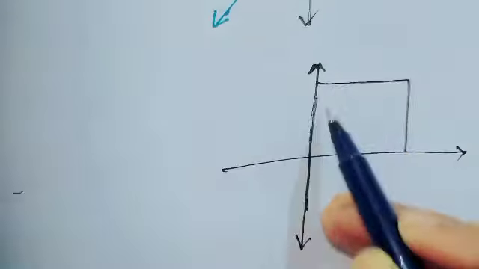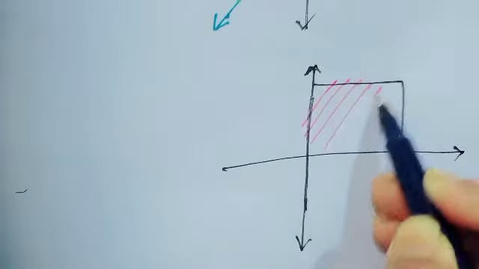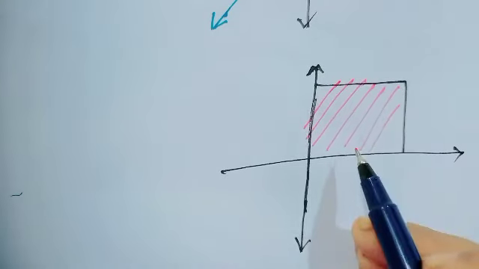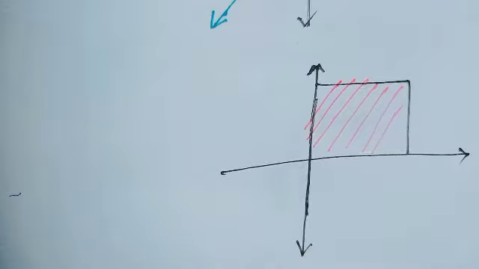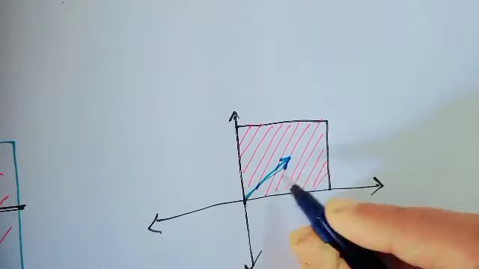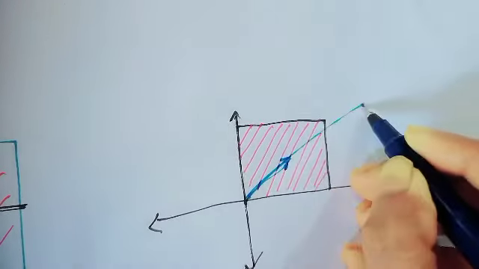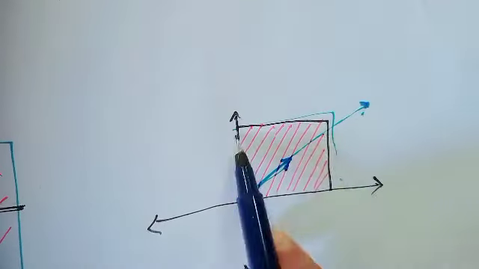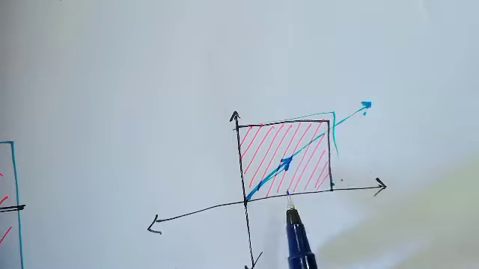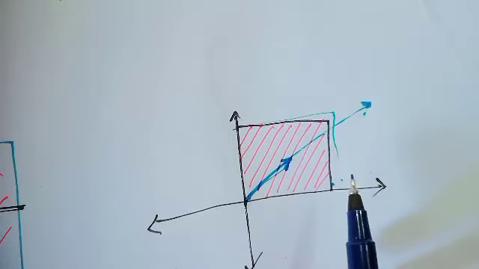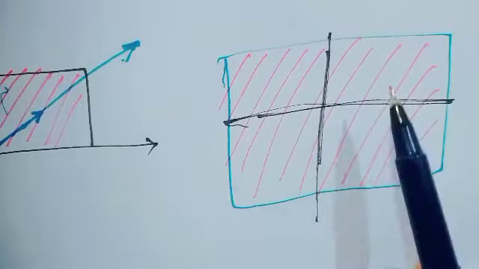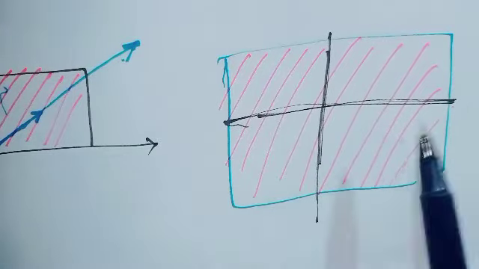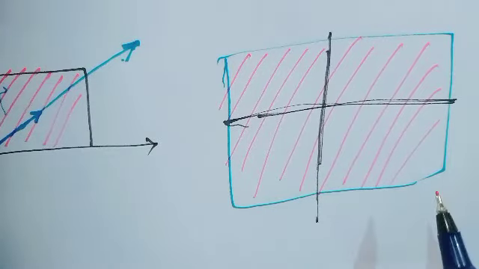Now, consider this region in R2. Is this a vector space? At first think. If we take one vector and multiply it by a scalar c, then it exits this space. So this is not a subspace of R2. But if we take the whole plane, then this is obviously a subspace of R2.